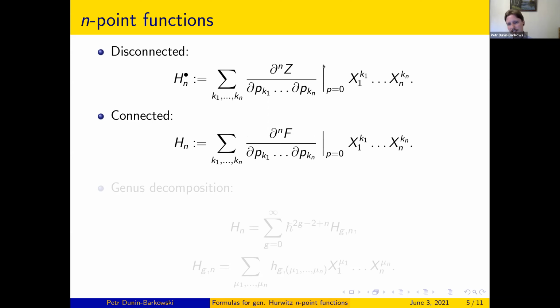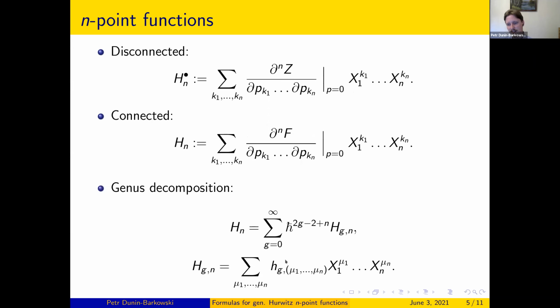functions defined like this. You introduce formal variables, which we call capital X here, and once you consider the genus expansion, they can be thought of just as generating functions of those numbers which I called general formal weighted Hurwitz numbers.